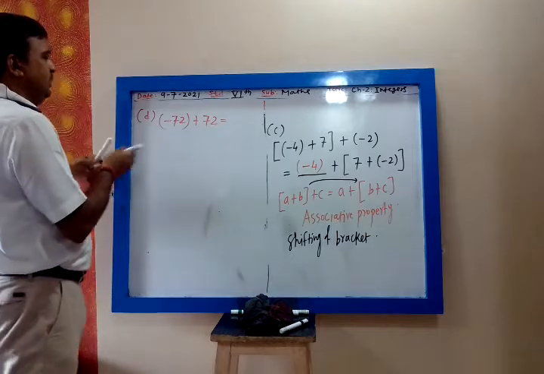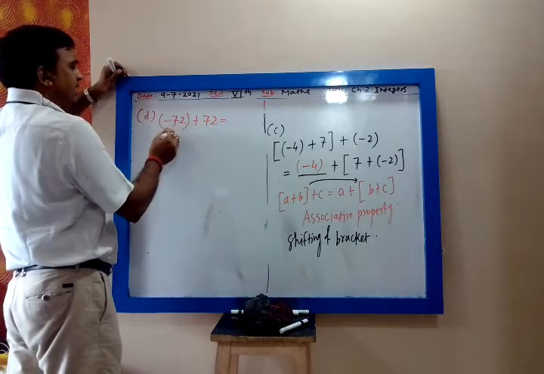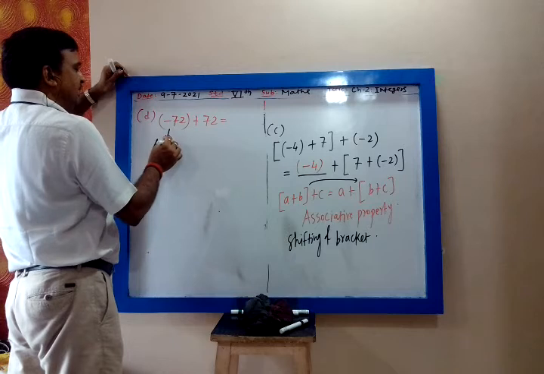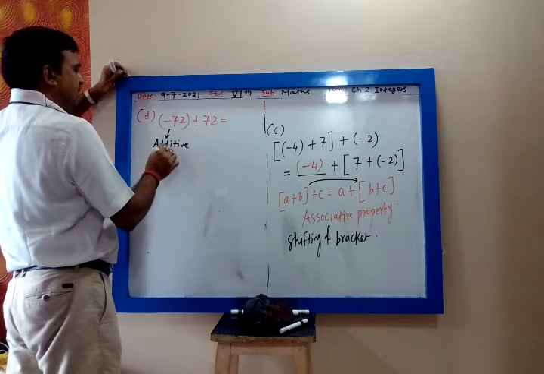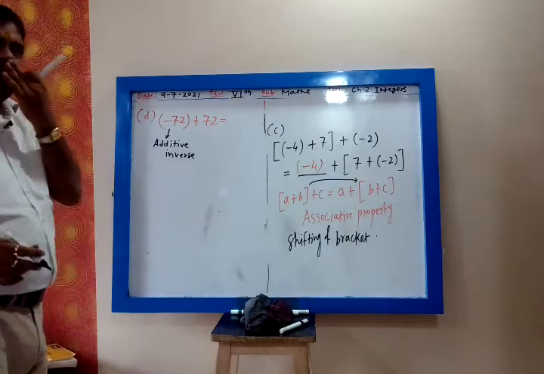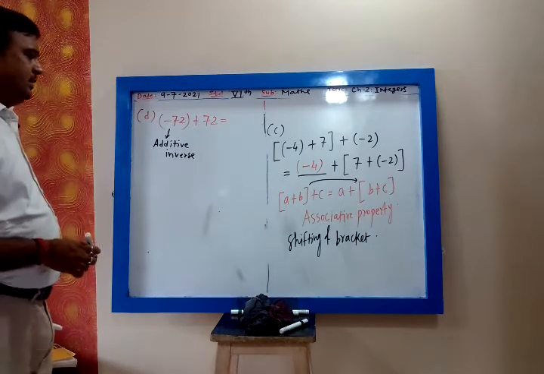Now see here, what is additive? What is minus 72? Minus 72 is additive inverse.